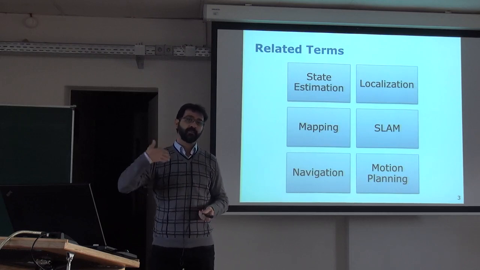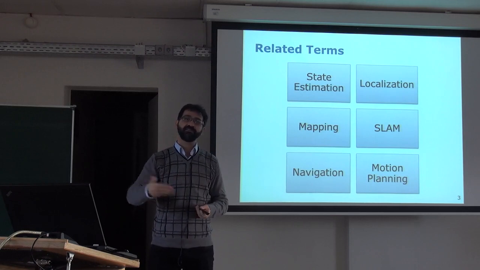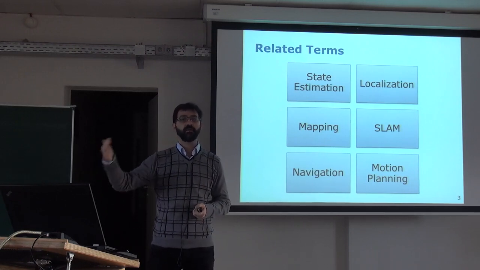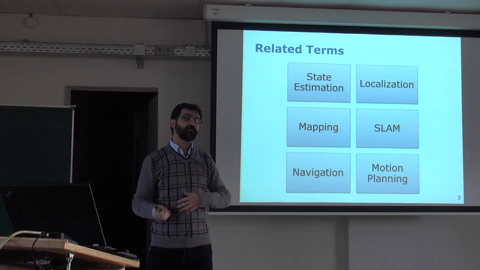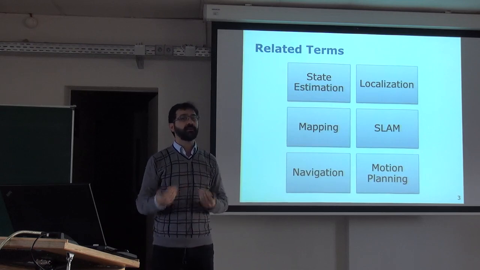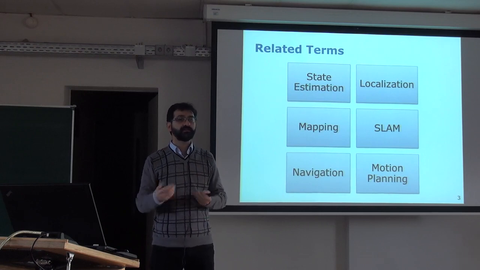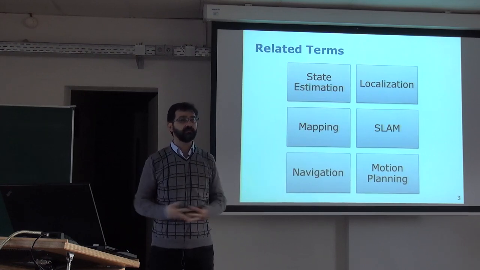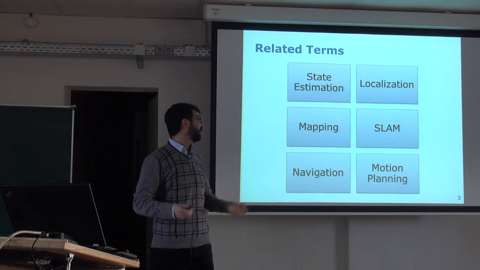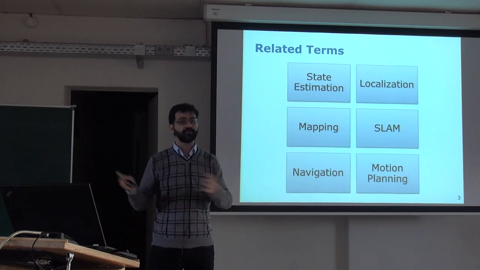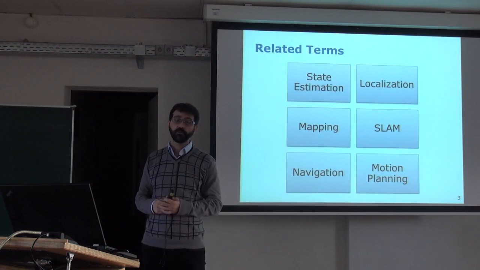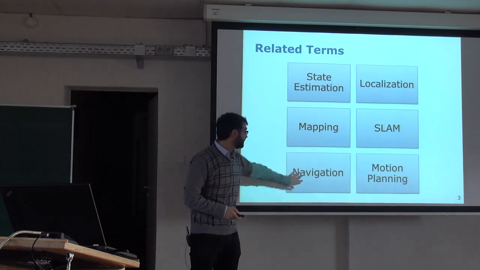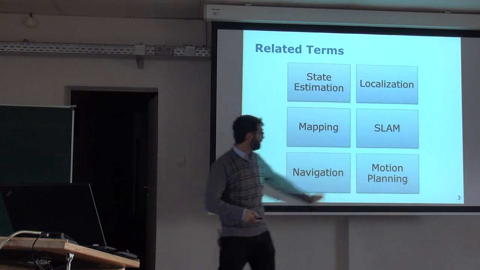The localization problem is the problem of estimating the state of the system when the state is the position and orientation. If you go to mapping, it is to estimate the state of the system where the state is the environment representation. And in SLAM, it is both the environment representation and the position of the robot. Other related terms are navigation and motion planning.